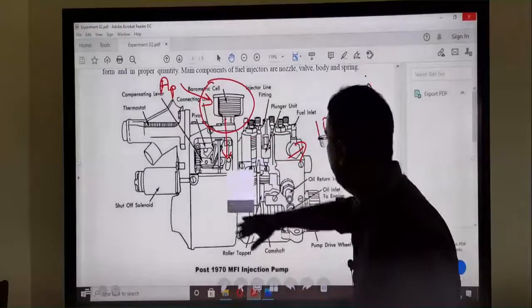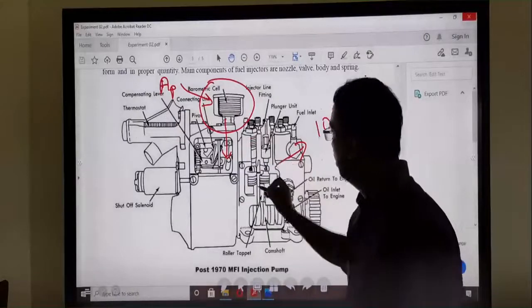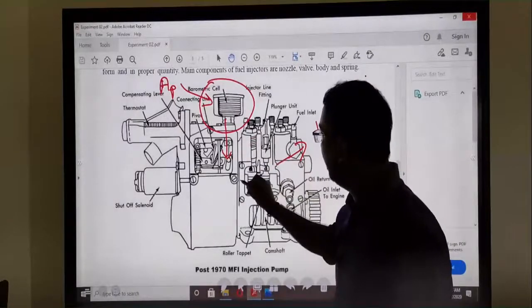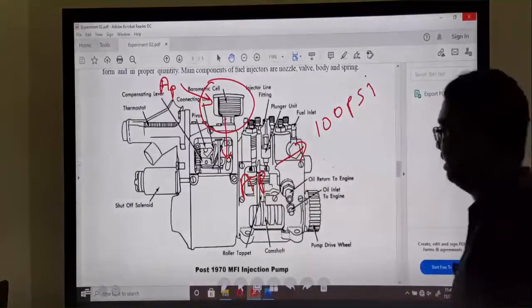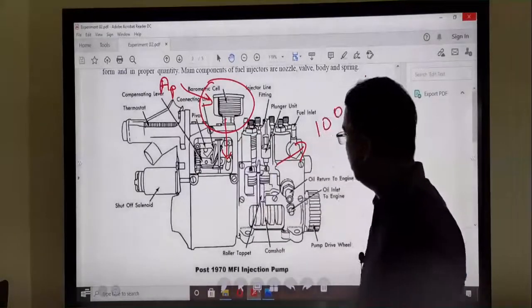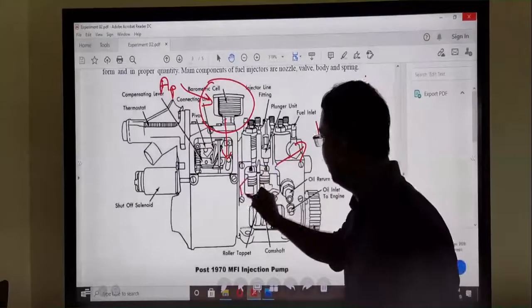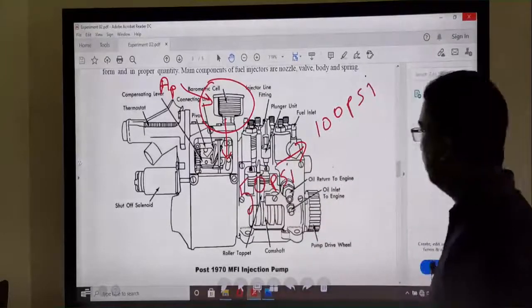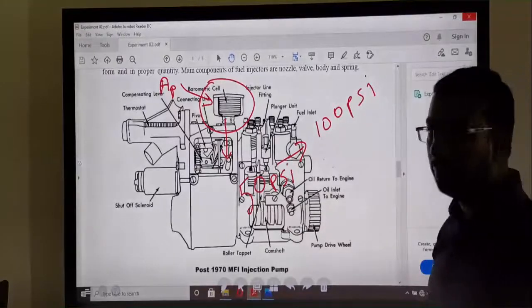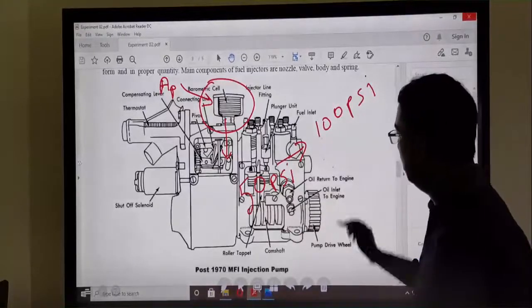Instead of this, we can get the atmosphere pressure inside. For example, say there is 50 psi. Now the efficiency of the pump is very high because of this pressure.